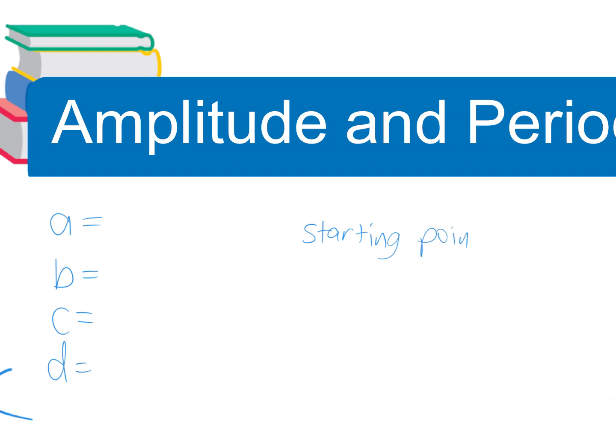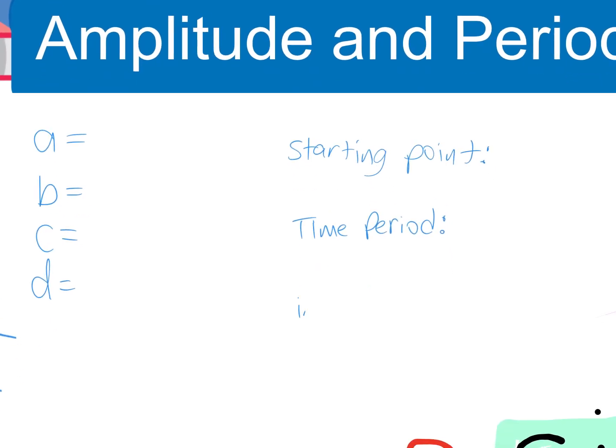I'm going to call it SP. You want to find your time period. A lot of times it's 2 pi, sometimes it's not. And then you want to find your increments. And what I mean by that, your increments are the space that is between each tick mark. So whatever your increments are, you're going to just add it to your starting point. And that's how you're going to find your tick marks.